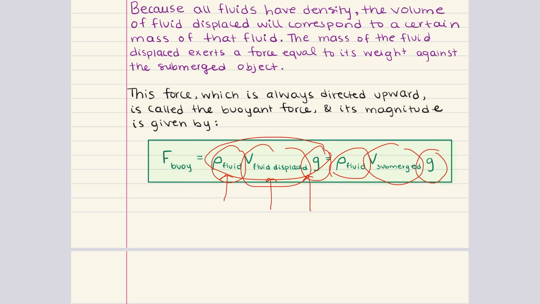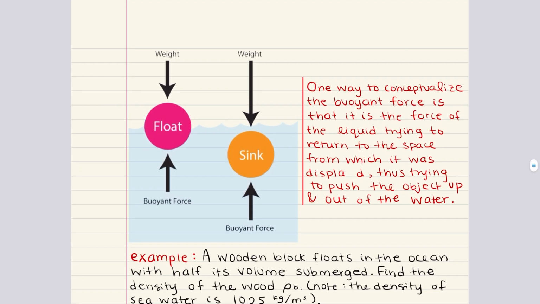One way to visualize this force is to think of it as the fluid trying to return to the space it originally occupied before the object displaced it. The fluid exerts an upward push on the object to regain its space, which is why the buoyant force is directly upwards.